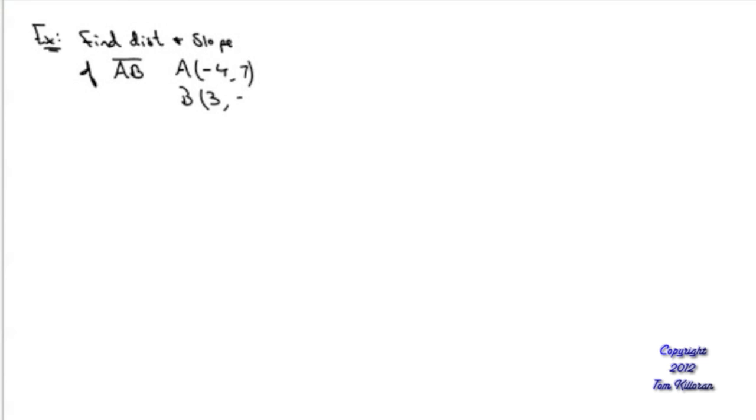For example, find distance and slope of line segment AB, where A is (-4, 7) and B is (3, -4).